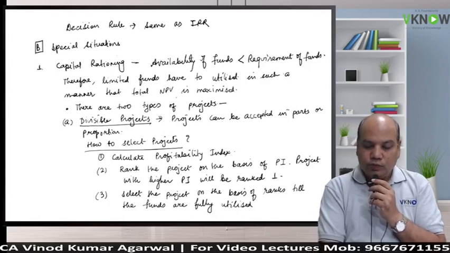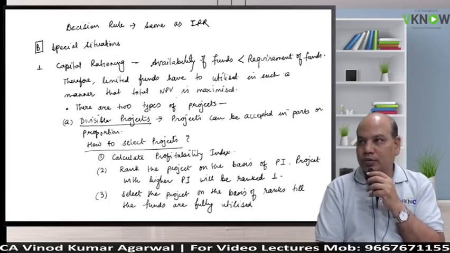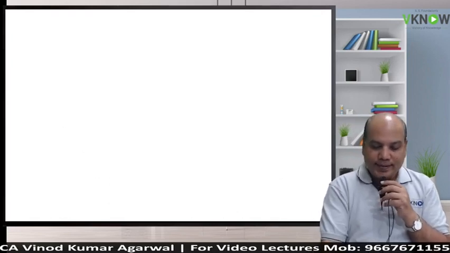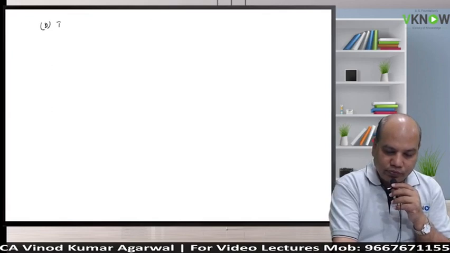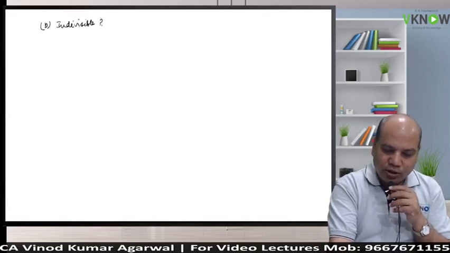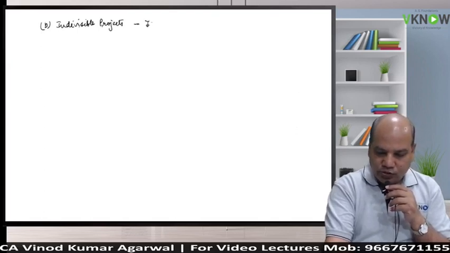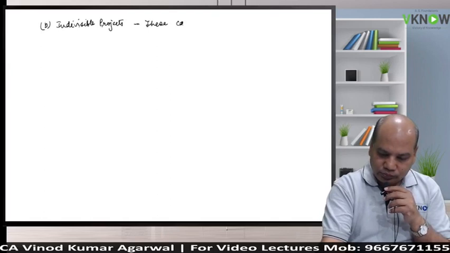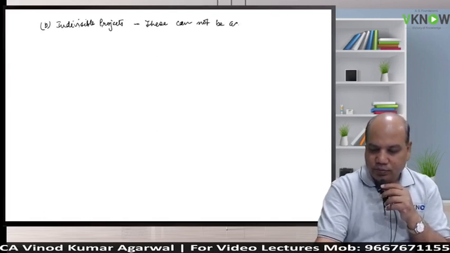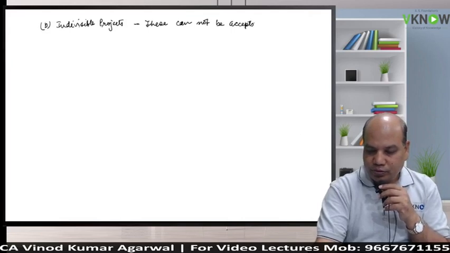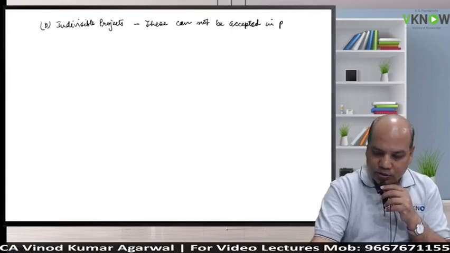So this is what you will do for divisible projects. And then you write down the next point, B, indivisible projects. What are indivisible projects? These cannot be accepted in parts.